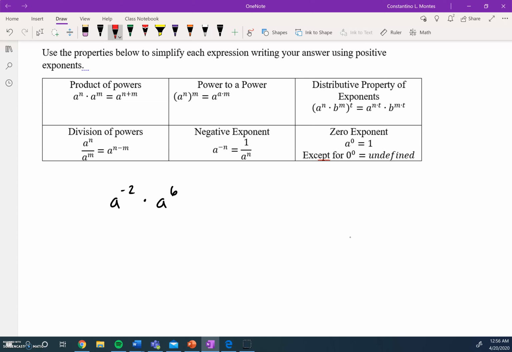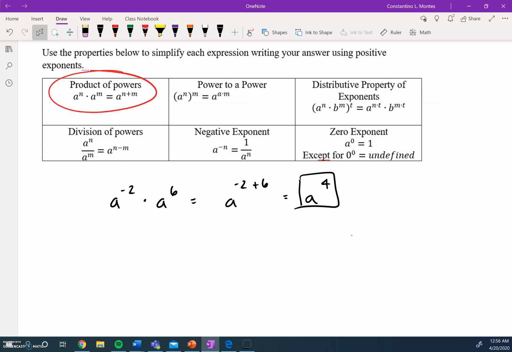Because we're multiplying, we're going to utilize the product of powers. We're not going to forget all the other properties that we learned about. I'm going to rewrite this as a to the power of negative 2 plus 6, which simplifies to a to the power of 4, and I am done. Using the product of powers, I really didn't have to worry about this negative 2.